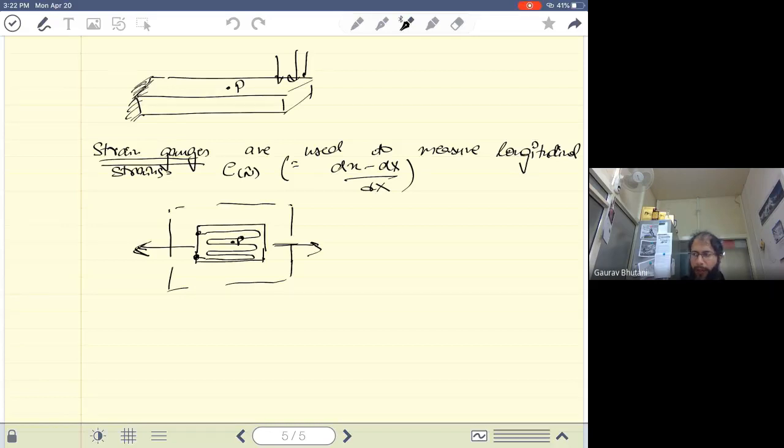So we have a particular situation where we take three strain gauges and connect them in a delta configuration. Let me show you this configuration. We call it a delta rosette.